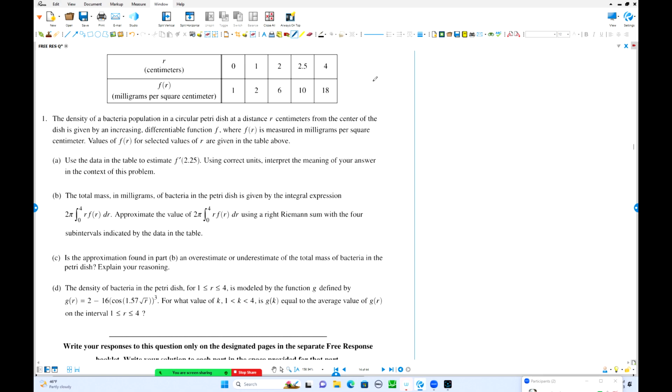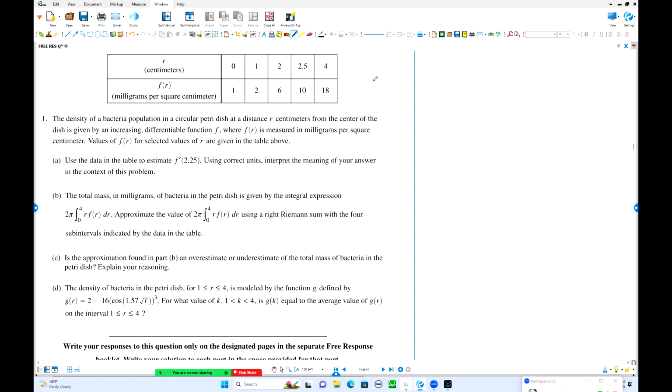The density of bacteria at r centimeters from the center is f(r), in milligrams per square centimeter.